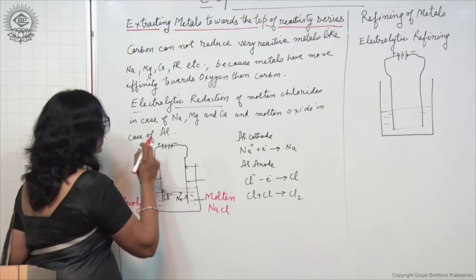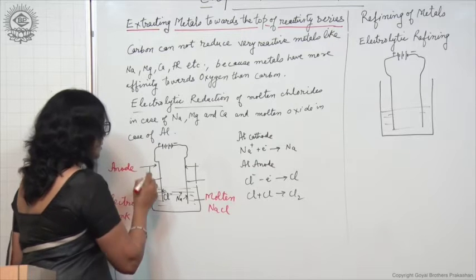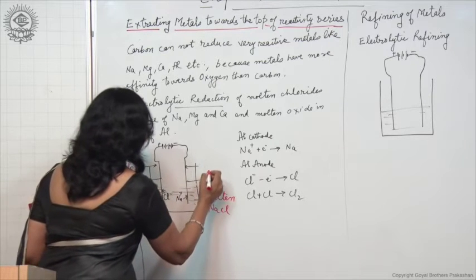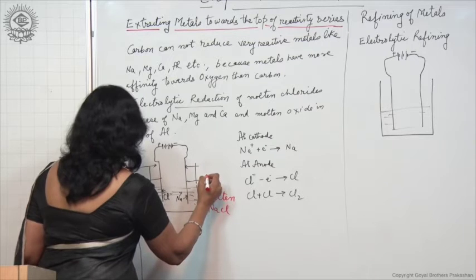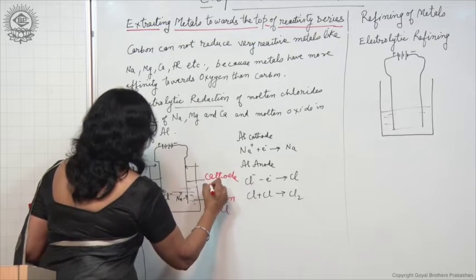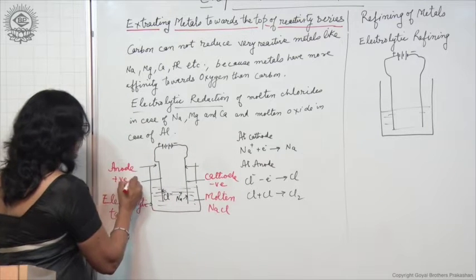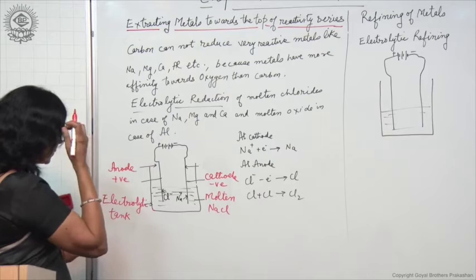The electrode connected to the positive terminal is called anode, and the electrode connected to the negative terminal is called cathode. So, cathode is negatively charged and anode is positively charged.